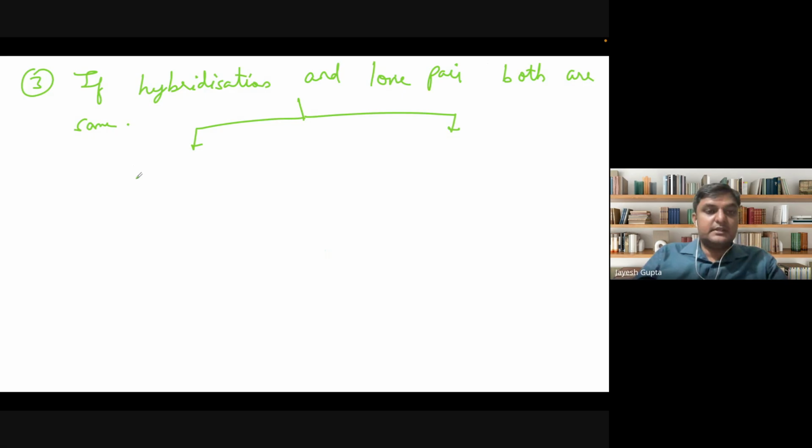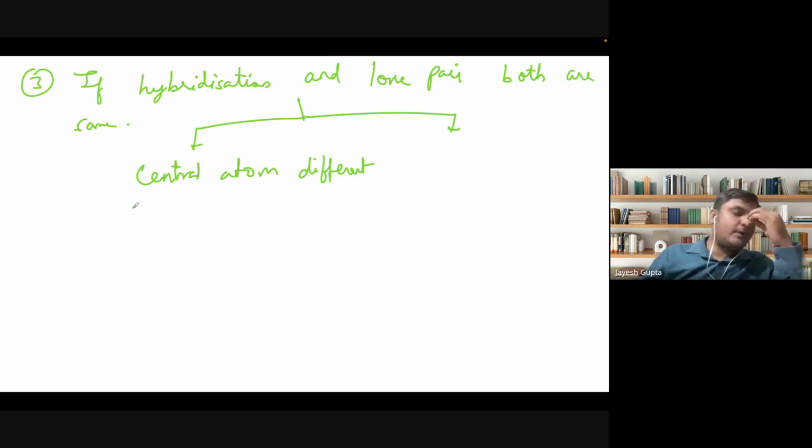First is when the central atom is different. There are two kinds of atoms in any compound: one is the central atom, one is the surrounding atom. So if the central atom is different, the surrounding atom will be the same.